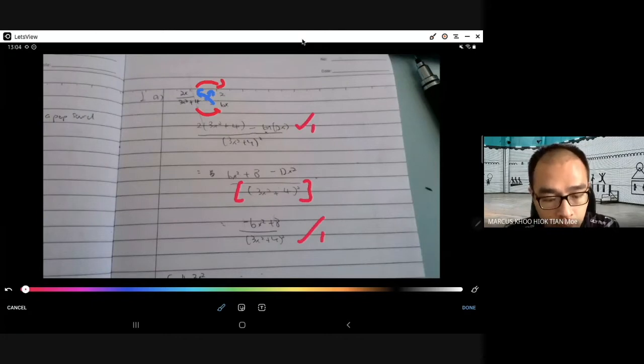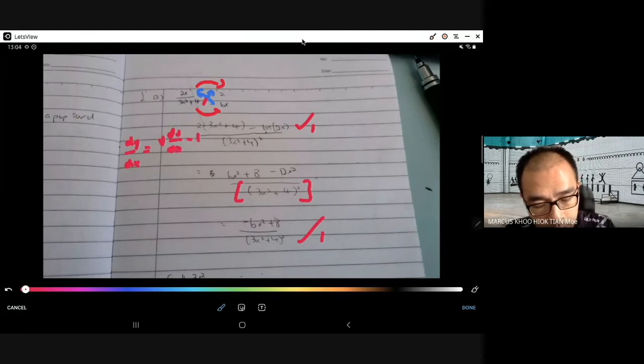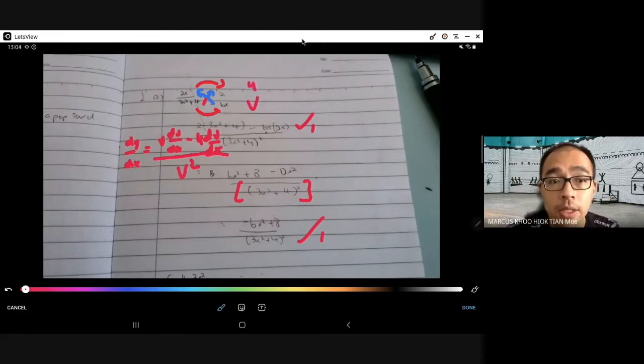If you have forgotten this formula, dy/dx equals (v du/dx minus u dv/dx) over v squared. The top is u, the bottom is v. This is something that we've seen before.